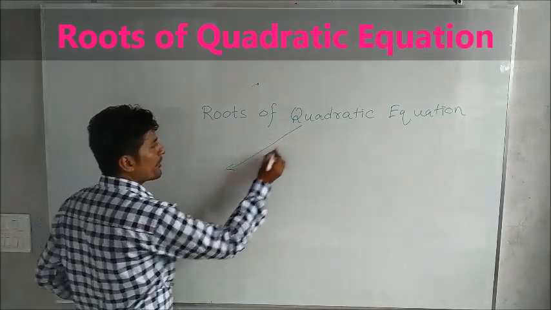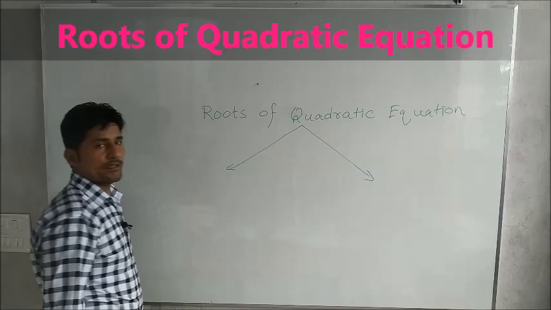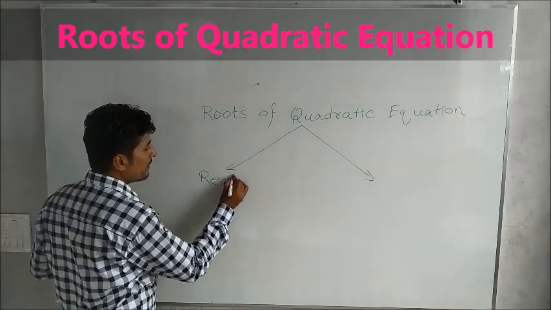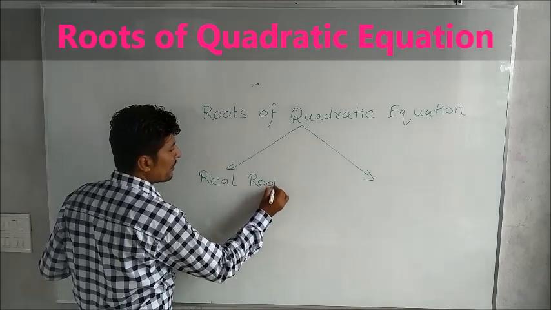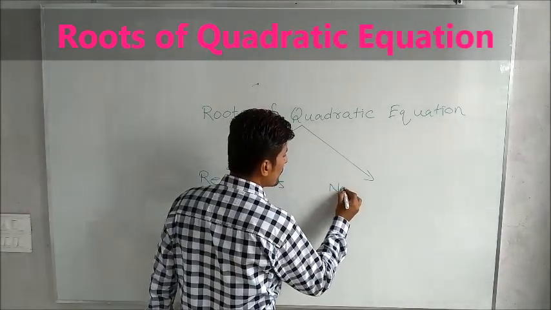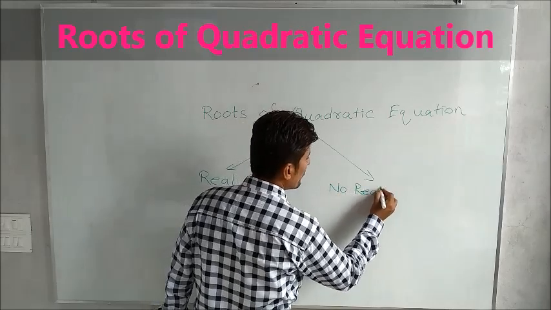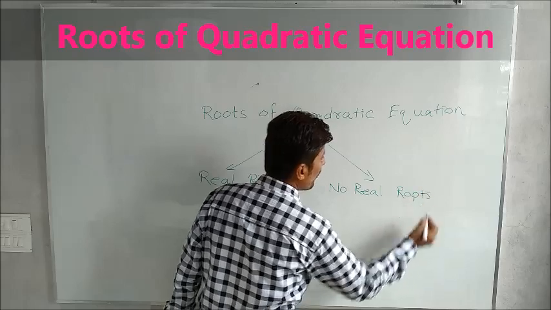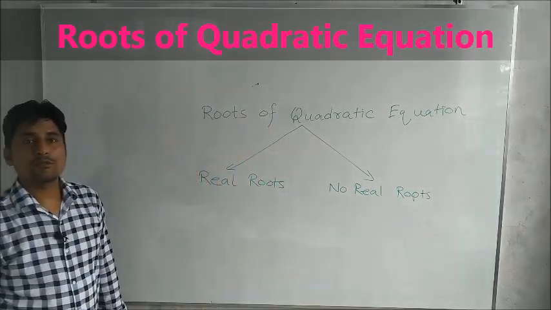Roots of quadratic equation are divided into two different types. First type of root is termed as real roots, while the other type of roots is termed as no real roots, or we can say that imaginary roots also.